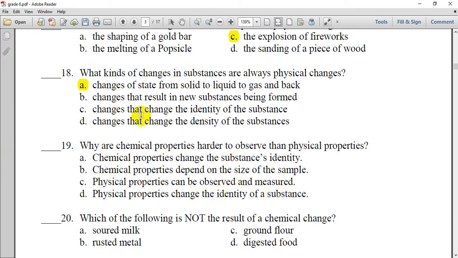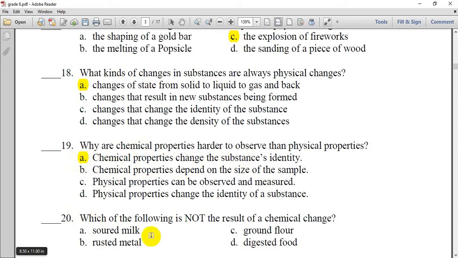As we know, chemical properties like flammability or reactivity, to observe them you have to change the substance. You have to burn it first to check if it's easily burned or not. So when you're doing this, you're changing the substance. So chemical properties change the substance's identity. So the answer is letter A.